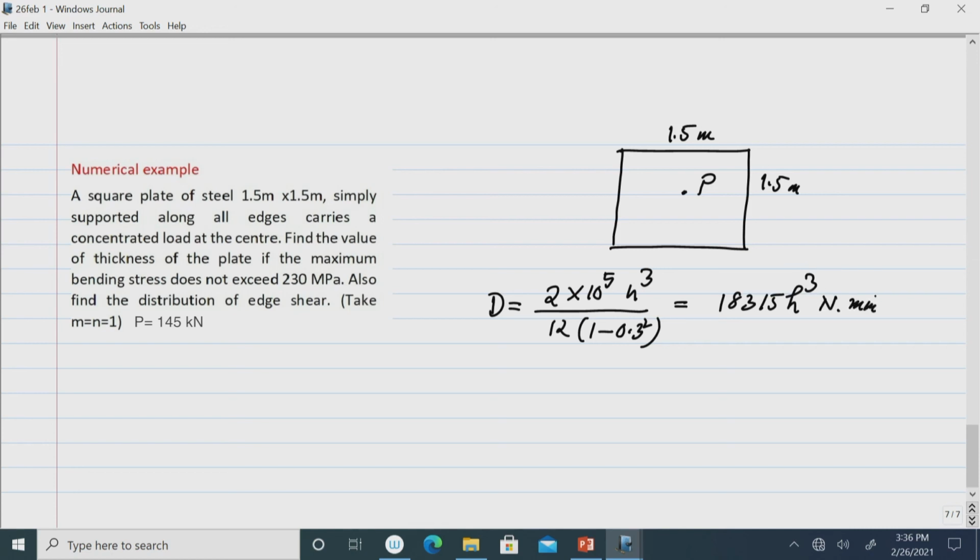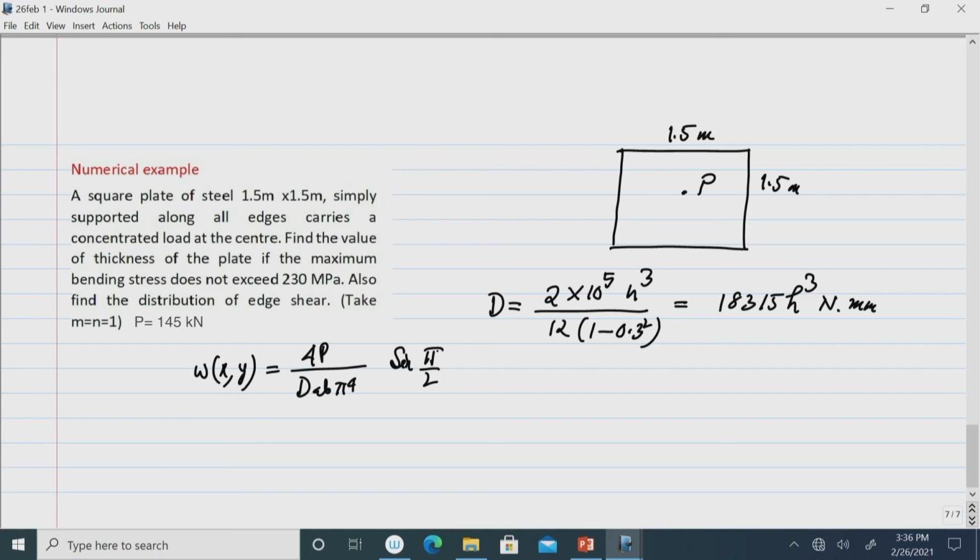Okay. So, D is found. Now, W(x, y), because it is a concentrated load problem, take only one term, m and n equal to 1. So, there is no need for summation. So, we write it, because it is acting at the center.